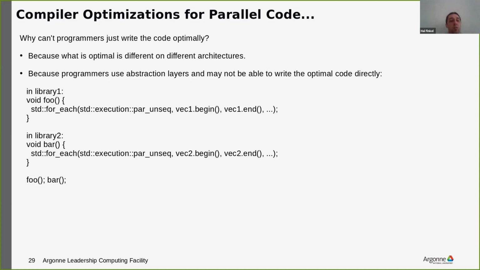And there are also other constraints on the way that users write code. There are software engineering concerns, and there are abstraction layers. There are divisions between teams who are writing different libraries and so on. And so it may not be possible for the code to have the optimal structure for execution on a particular architecture.